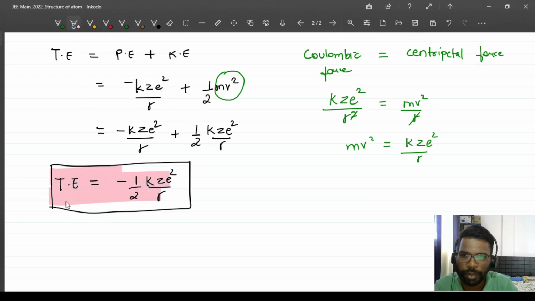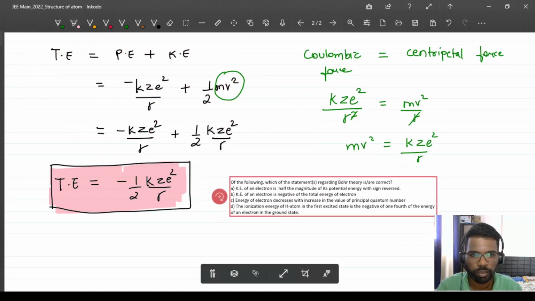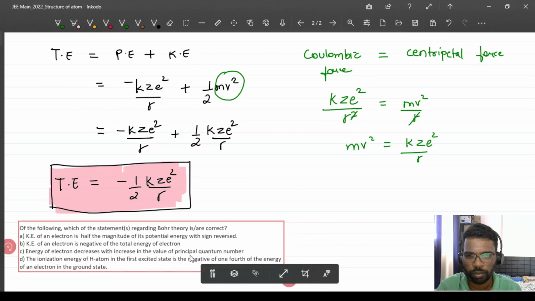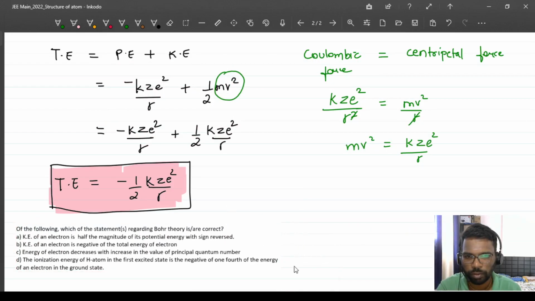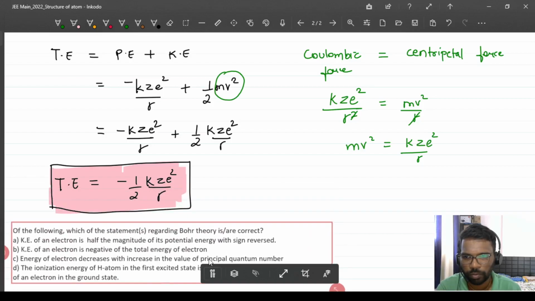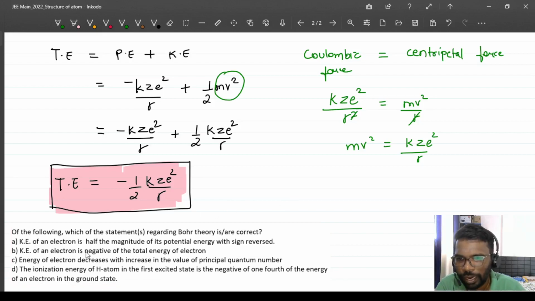Now going back to the question, what is asked is: kinetic energy of an electron is half the magnitude of its potential energy with sign reversed.